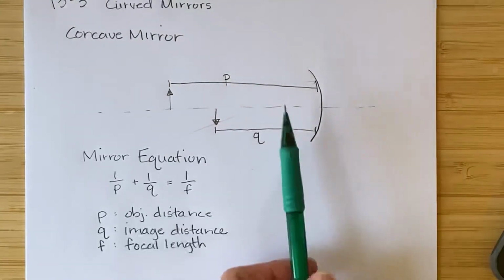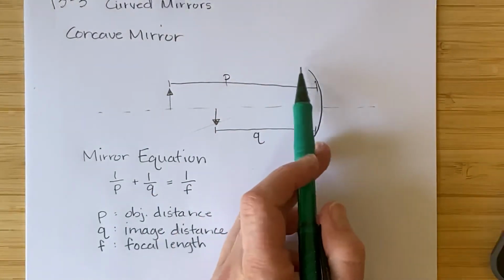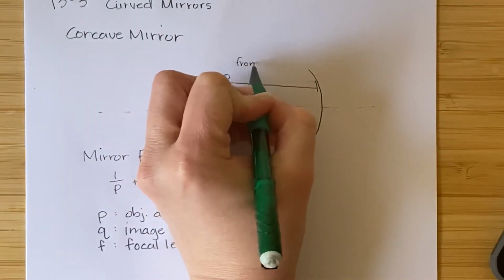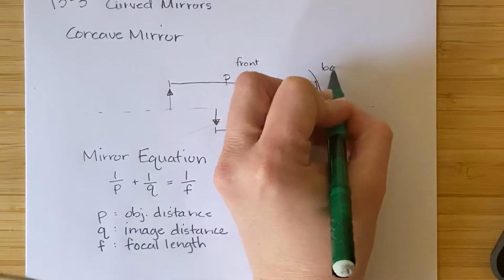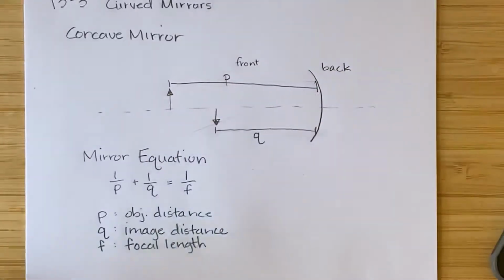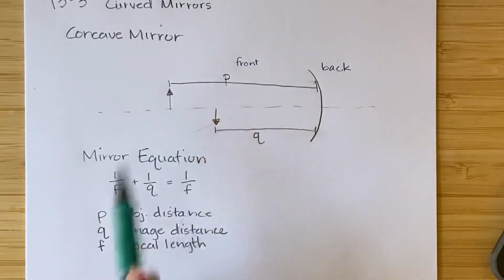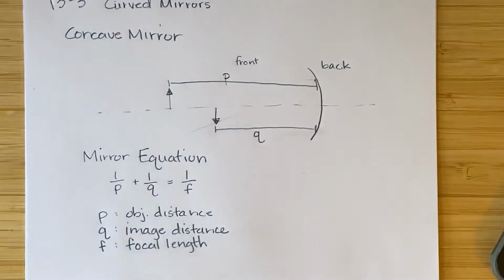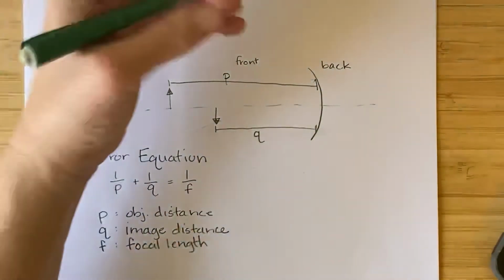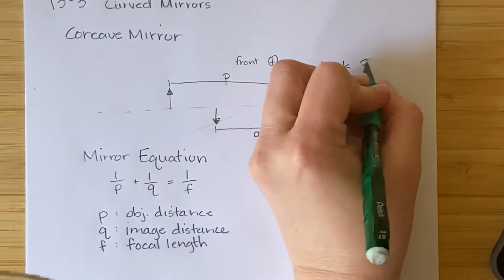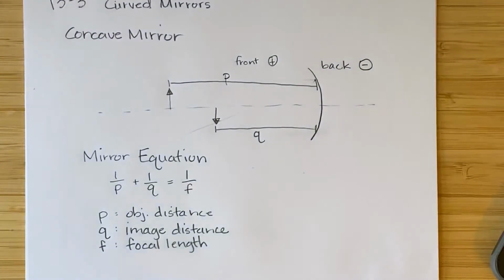When the distance is in front of the mirror, so remember this side is in front of mirror, this side is in back of mirror. When the distances are in front of the mirror, those are going to be positive distances. So in the front, positive. In the back, negative.